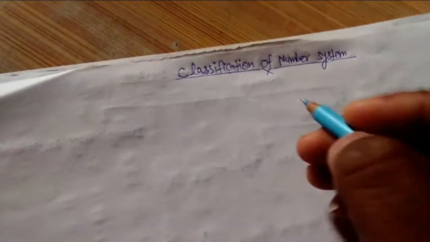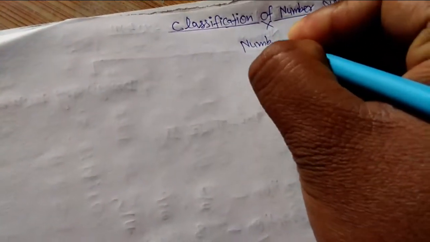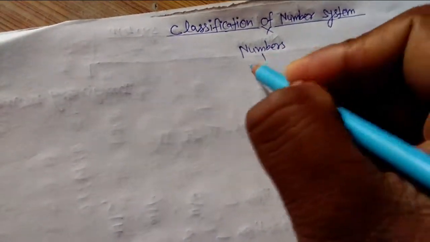Today we discuss the classification of the number system. Now let me start. Numbers are classified into two categories.